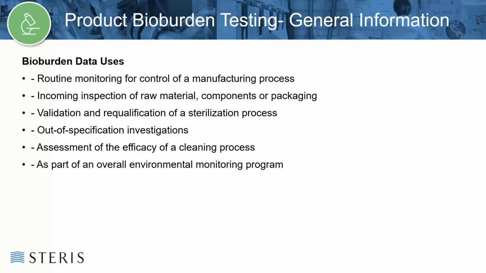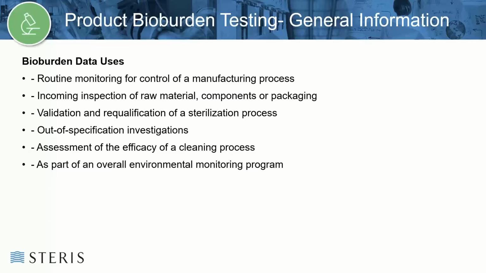Bioburden data can be used in a number of ways. It can be used for monitoring routine microbiological control of the manufacturing process. Bioburden testing can be implemented as part of an incoming inspection of raw materials or components or packaging that can go into the manufacture of a product. Bioburden might be used for determining comparison or equivalence of vendor materials or suppliers.